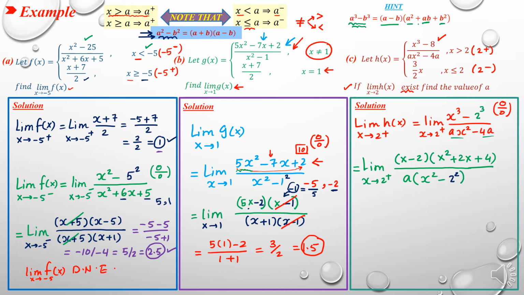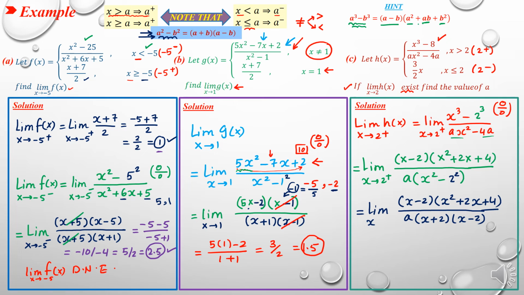It will be x plus 2 times x minus 2. So the limit will be x minus 2 times x squared plus 2x plus 4 divided by a multiplied by x plus 2 times x minus 2.